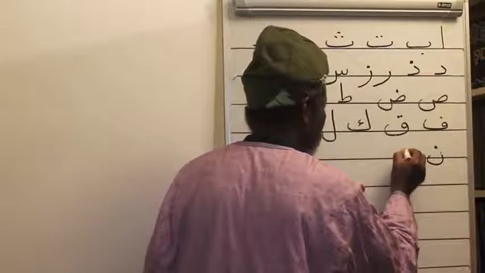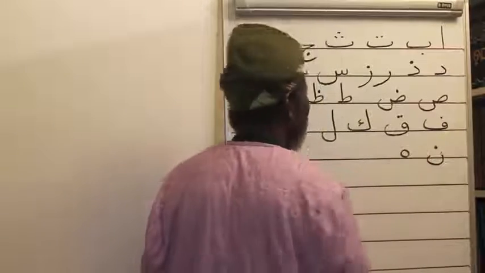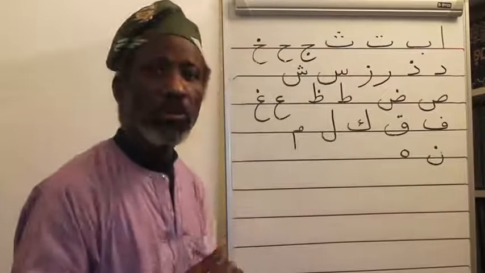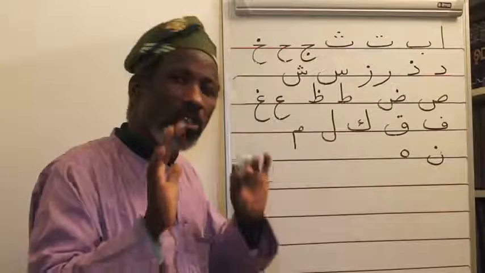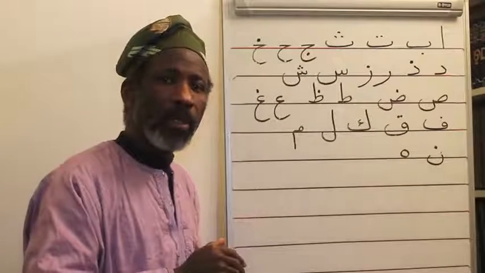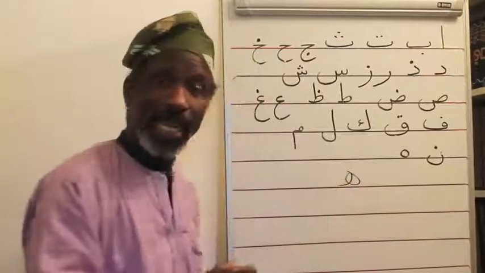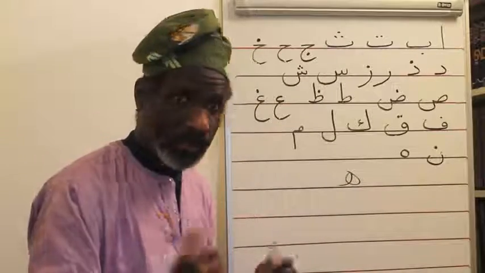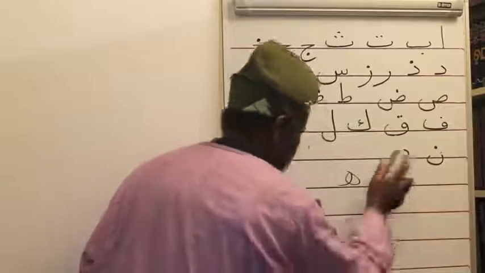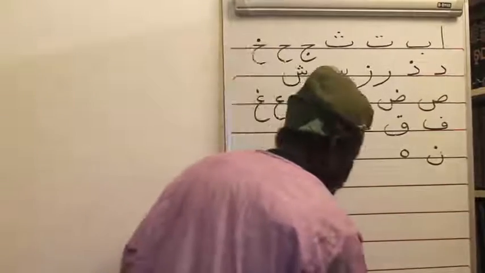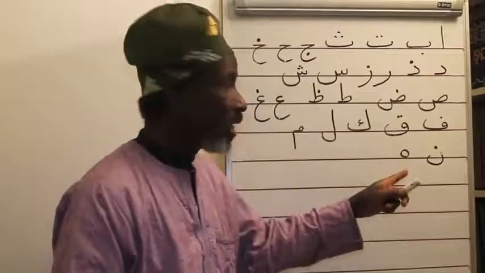We write it just round, like an O. No dots, nothing, just staying there pretty. Later on you will come across it like this, but I will explain it to you then. So let's write it like this. That's your Ha.